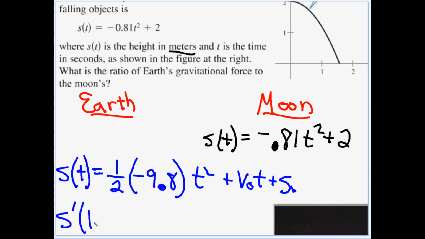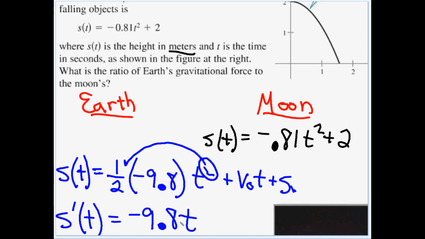S prime of t. Now, I could have multiplied the half by the negative 9.8 and then derived. But if we do the power rule here, that 2 is going to hit that 1/2 and turn into a 1 times the negative 9.8, and then we'll have t to the first power. So there is our first derivative on Earth.